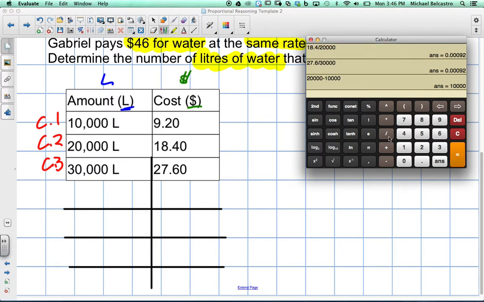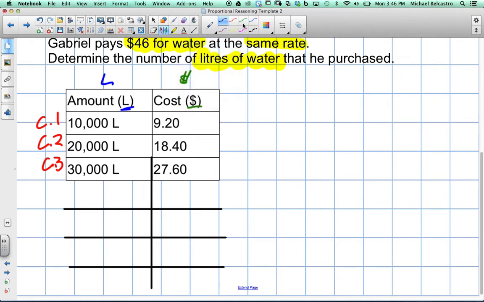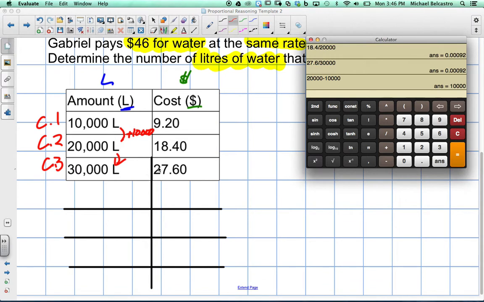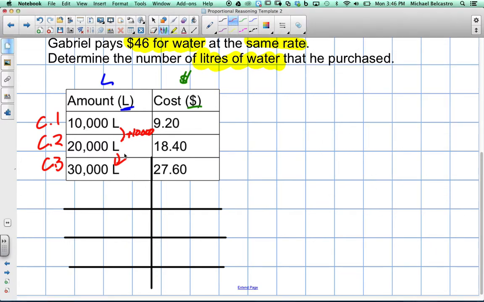So this was increasing by 10,000. I use a plus sign to say increase. What is this increasing by? Let's check. 30,000 subtract 20,000. Hopefully you guys know this ends up being 10,000 again. Great. So it's increasing at the same rate.